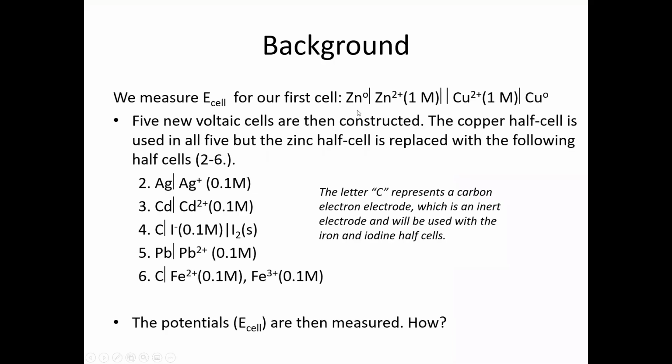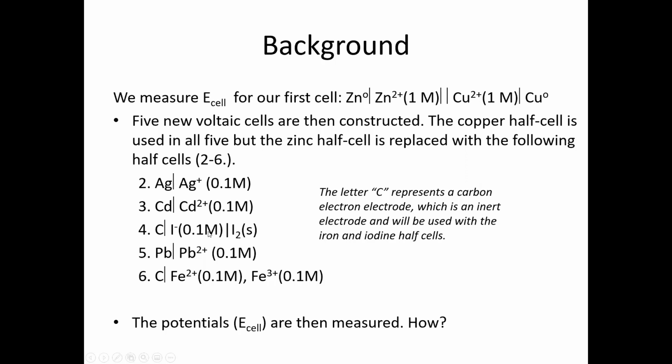So this is the first cell we use to do the measurement. In the template that you'll see, we use 6 different cells. I want to point out that for cells 4 and 6, the electrode material is carbon. Carbon is an inert electrode material, and in 4 and 6, the carbon does not participate in the redox reaction.